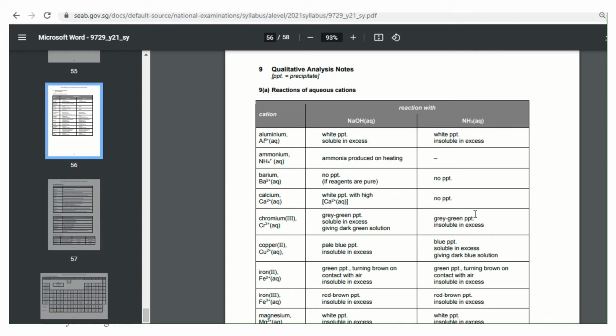But usually, for your QA exams, they'll only ask you to use one of the reagents, either sodium hydroxide or aqueous ammonia. But once you see the color of the precipitate and whether it is soluble in excess or not, you will be able to narrow down the type of cations that is present in the solution.